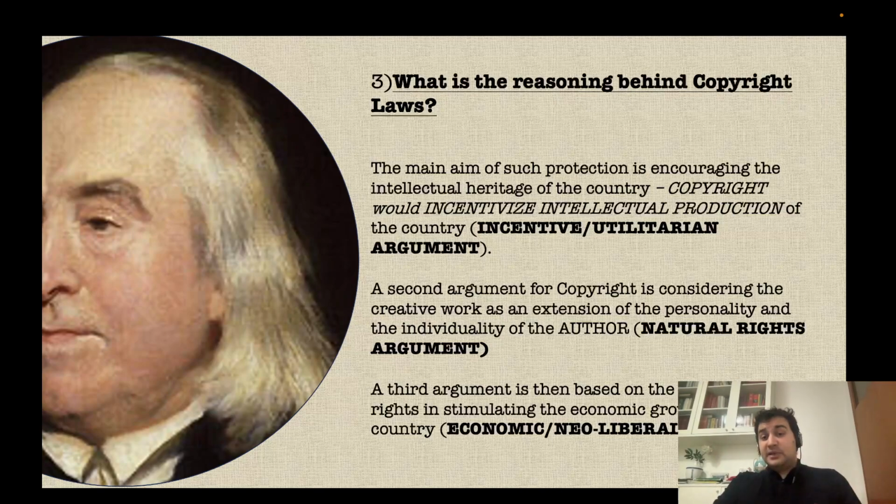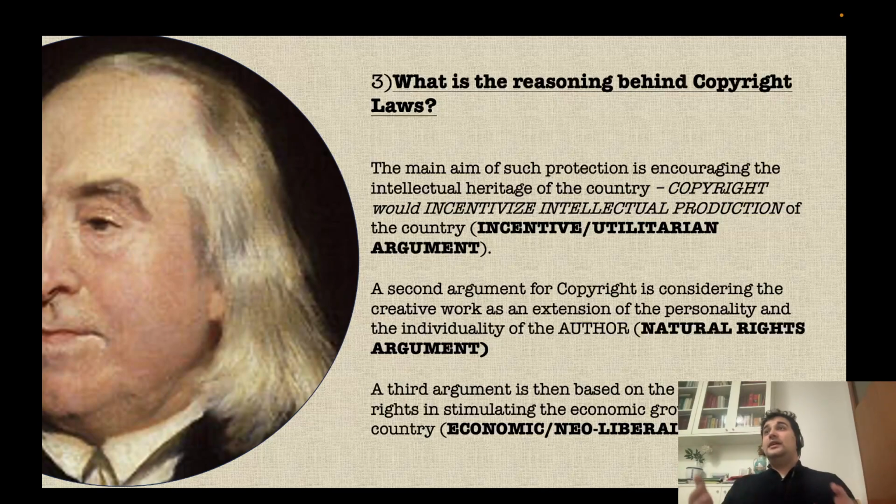The second argument instead is the natural rights argument. This one is very interesting. Why? Because this one is totally another world, right? This one came from the German and the French tradition, especially the one that came after the revolution. So you see how these two arguments are sons and daughters of the Enlightenment.